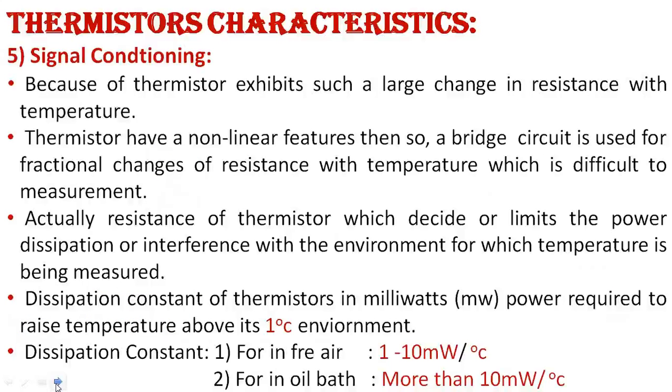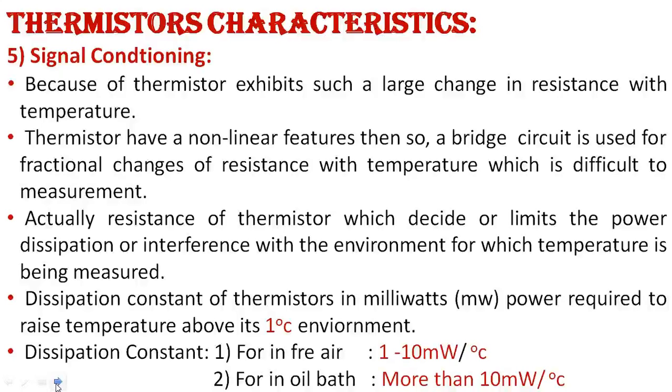Next characteristic is signal conditioning. Because thermistors exhibit a large change in resistance with temperature, they have non-linear features, so a bridge circuit is used for fractional changes of resistance with temperature, which are difficult to measure. Actually, the resistance of the thermistor decides or limits the power dissipation or interference with the environment for which temperature is being measured.